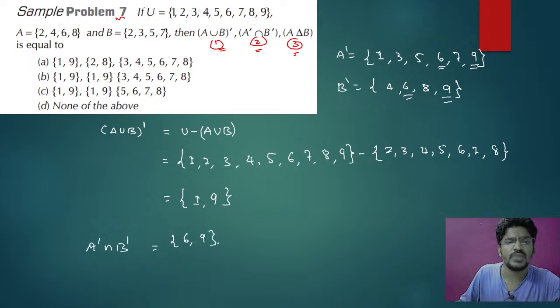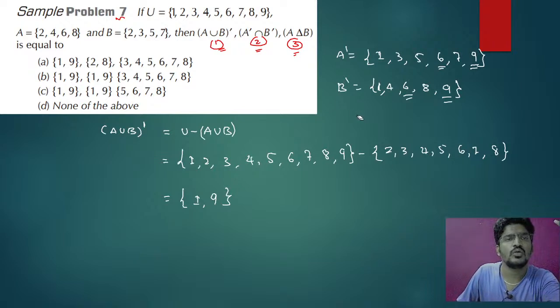Check once. A complement intersection B complement. A complement is 1, 3, 5, 7, 9. B complement, I can write 1 because in B, 1 is not present. Next I can write 4, I can write 6, I can write 8, I can write 9.